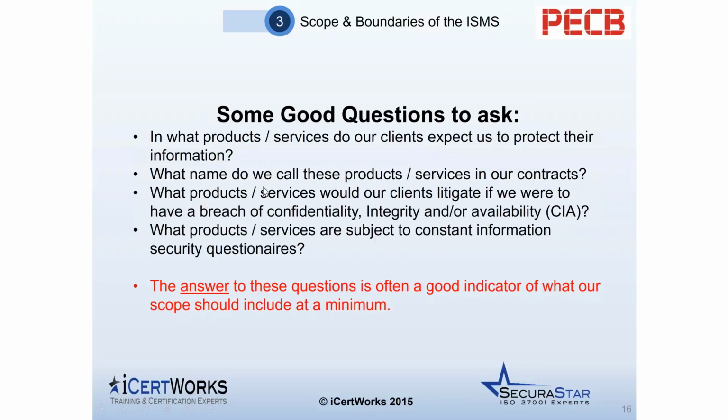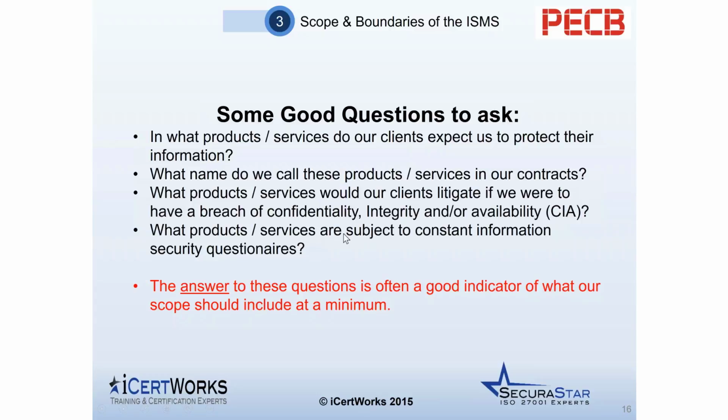Okay, what products and services would our clients litigate against us, in other words, sue us for, if we were to have a breach of confidentiality, integrity, and availability? Again, this is a key question to ask yourself, because this typically is what drives the scope, what do we need to protect ourselves against.